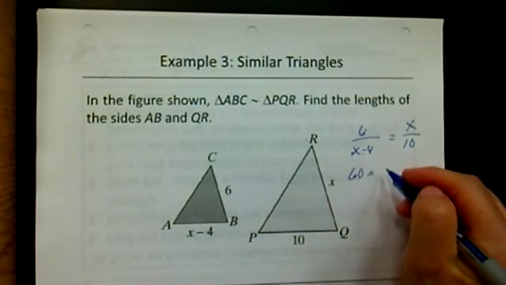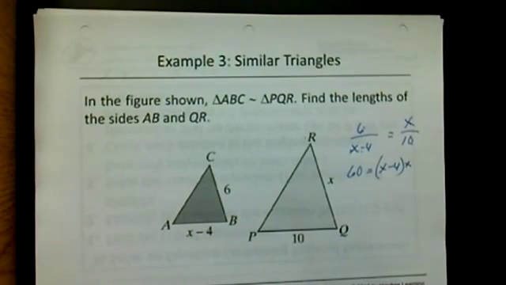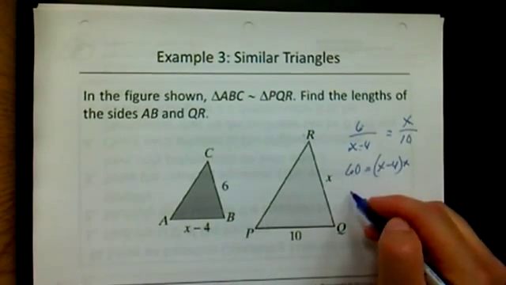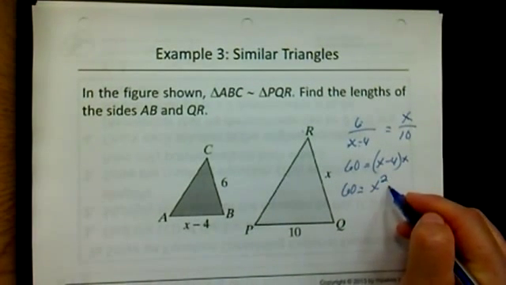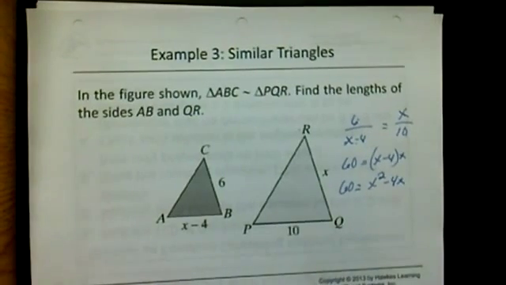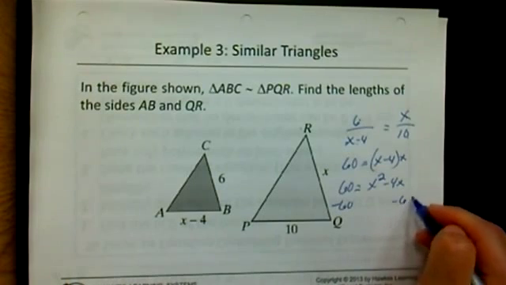X minus 4 times x. I multiply this part out. This one gets a little more complicated because I get x squared minus 4x. Move my 60 over.